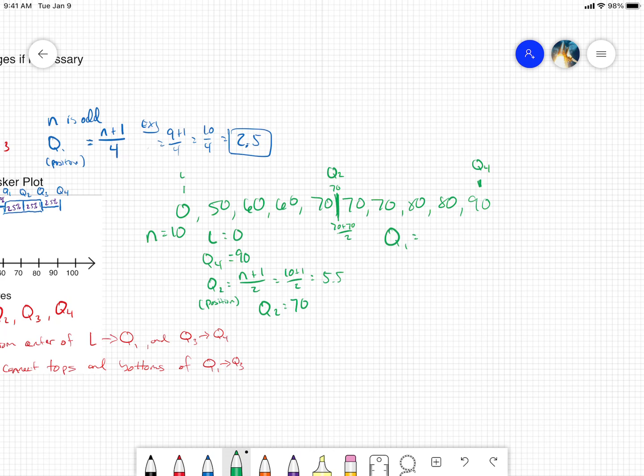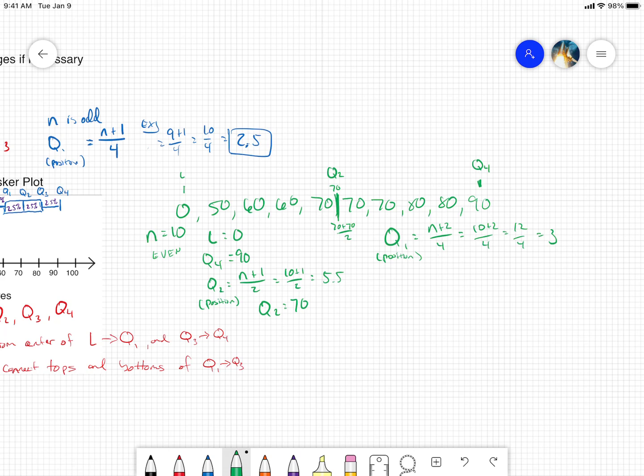Now we got to find Q1 and Q3. Since n is even, to find where Q1 is, we're going to go, again, the position, n plus 2 over 4, which gives me 10 plus 2 over 4, which is 12 over 4, which is equal to 3. Okay?